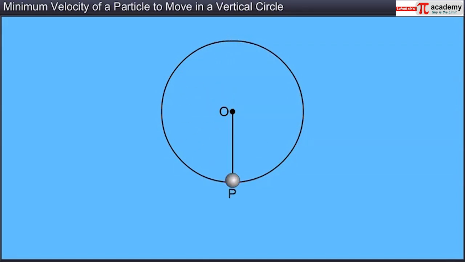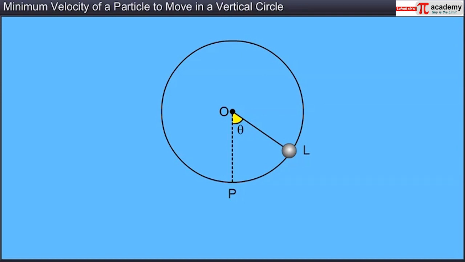To know the critical velocity and basic characteristics of motion in a vertical circle, consider any instantaneous position of the particle. Let the instantaneous position of the particle be L. At this position, the string makes an angle theta with the vertical line OP.